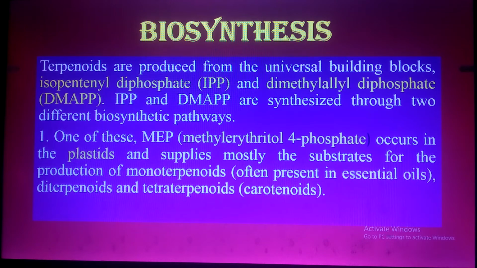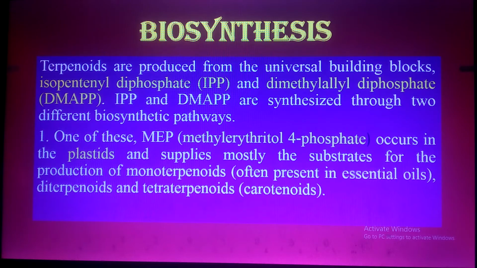IPP and DMAPP are synthesized through two different biosynthetic pathways. Number one of these is known as MEP. MEP is abbreviated for methylerythritol 4 phosphate.